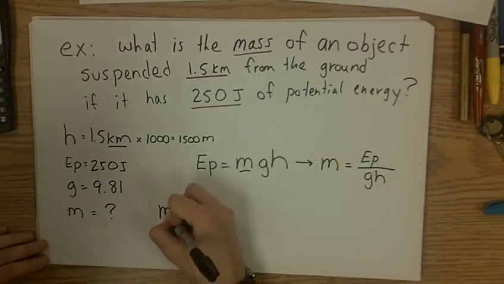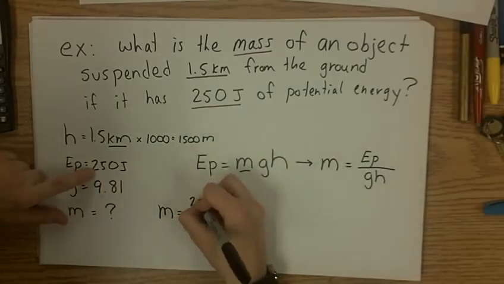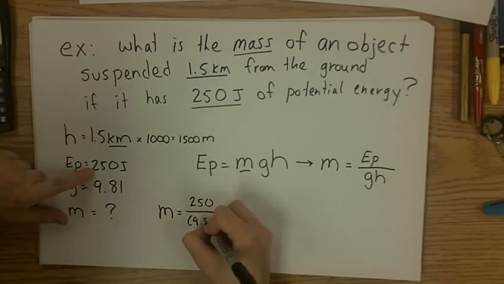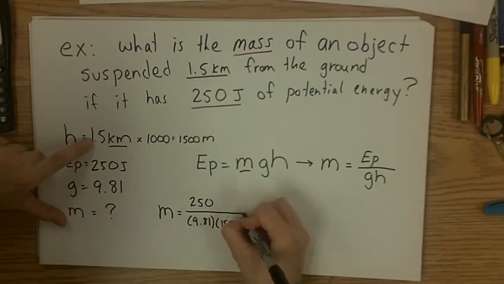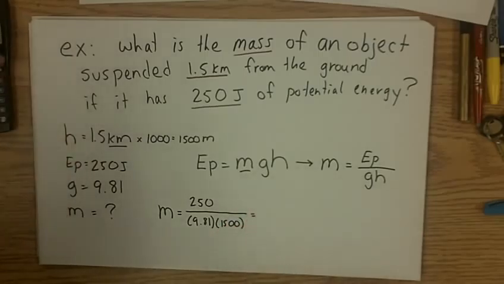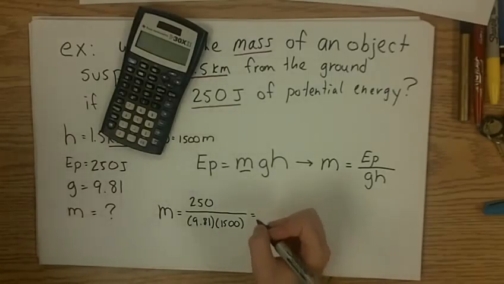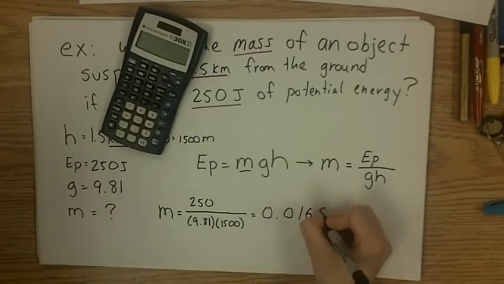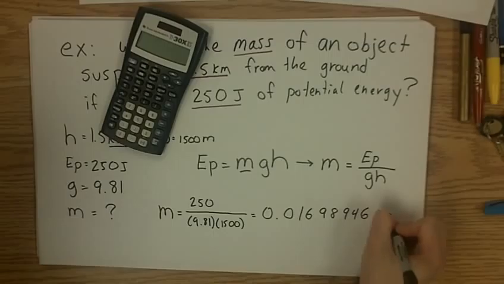So substituting in, we get M equals EP divided by G is 9.81 and H is 1500. Plugging into our calculator, we get 0.01698946 kilograms.